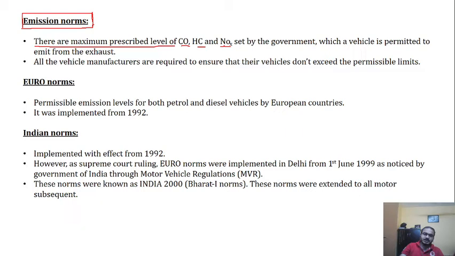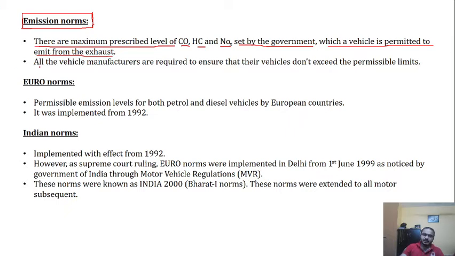NOx means various forms of nitrogen oxides, set by the government, which a vehicle is permitted to emit from the exhaust. So there is a maximum limit mentioned by the government, that beyond this level your vehicle should not emit these gases.